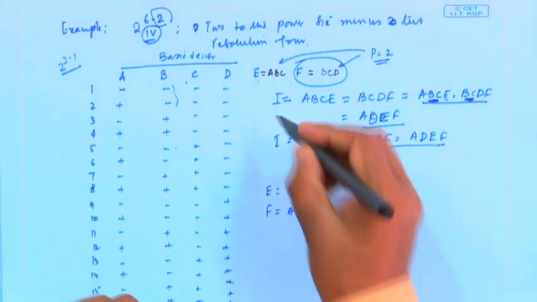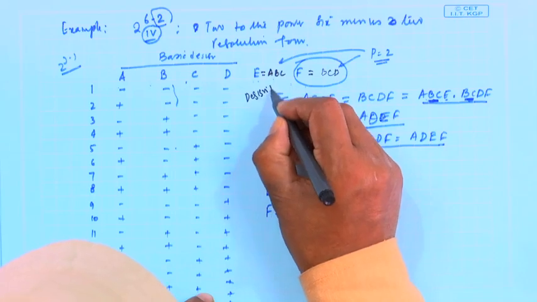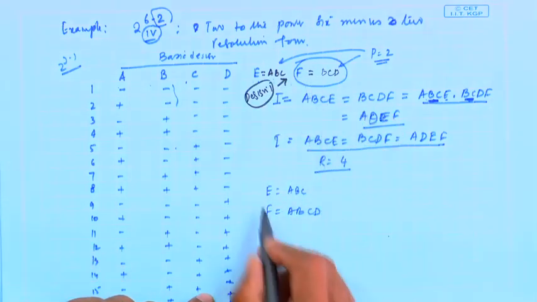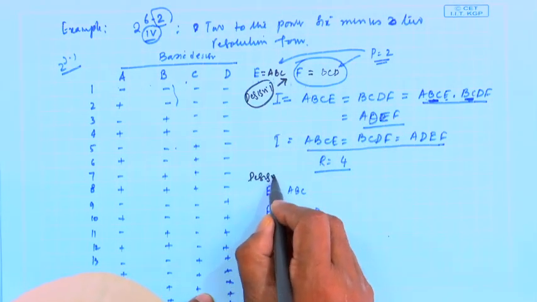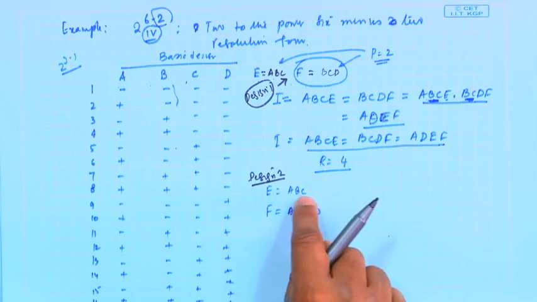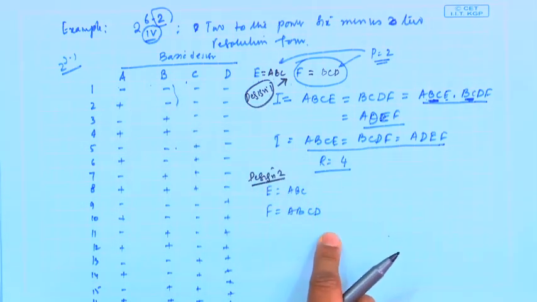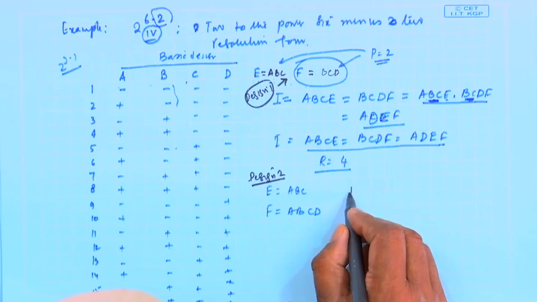So, I can say that this is my design 1, and here design 2, because you can choose like this. So, it is possible that E will be confounded with the ABC interaction, and F will be confounded with the ABCD fourth order interaction. Okay. So, under such a situation what will happen to I?